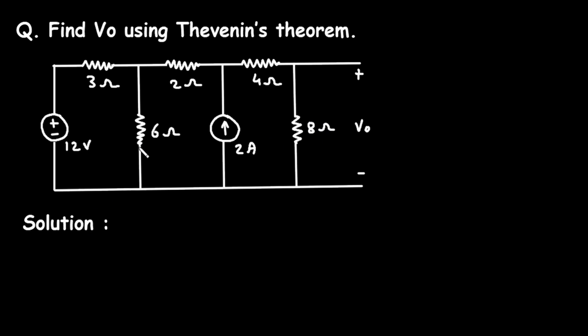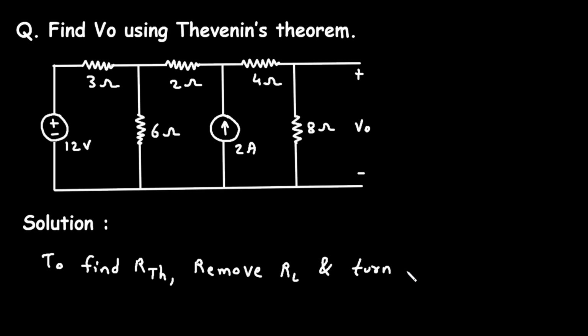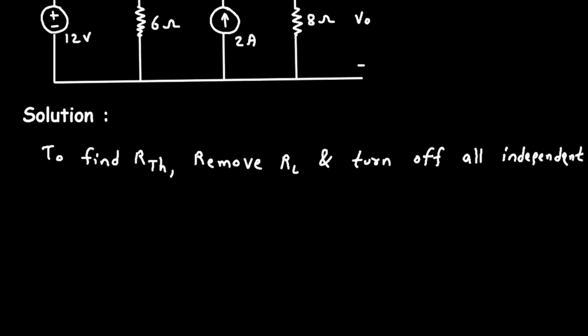Solution: so first of all, we have to find the value of RTH. So step number 1 is to find RTH. Now to find RTH, remove RL and turn off all independent sources.